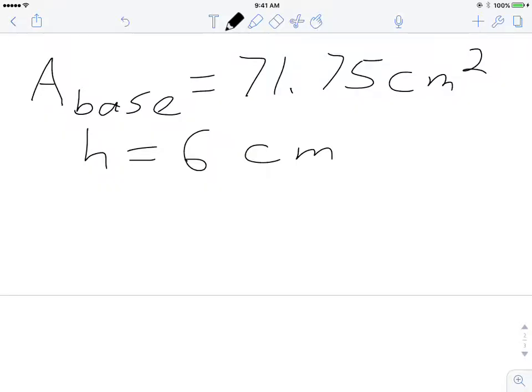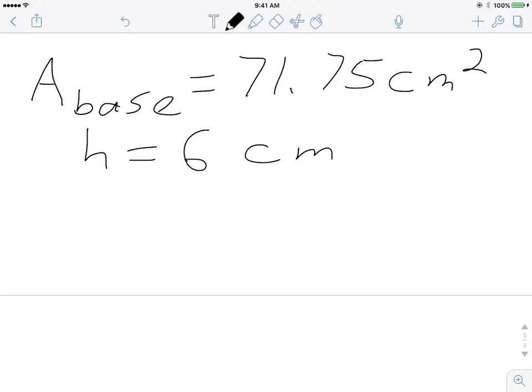To find the volume of this shape, I need to take the area of the base, which at the moment is at the bottom, and multiply it by the height. Now it's very hard to see in this case, but the height here is 6 centimeters. This trapezoidal base prism, which again, the base doesn't mean the bottom, the area of the base was calculated to be 71.75 centimeters squared, and the height we measured to be 6 centimeters.